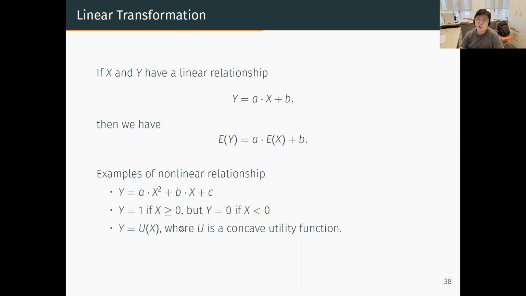And one famous example in economics is the utility function. Utility function is usually not linear. It is concave, like it goes like this. The increase is steep when X is small, but it becomes more flat, right? So steep and then flat. It is a concave function. It is not linear, right?